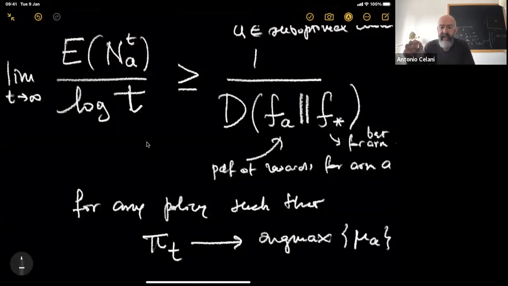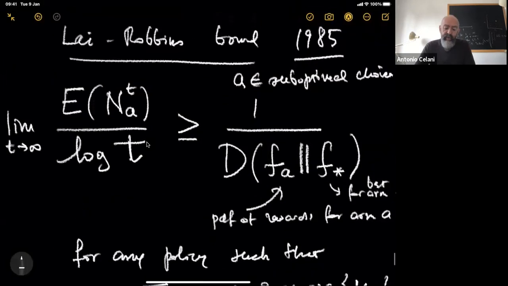So for any policy that asymptotically chooses the best arm with probability 1, that is a good policy, so to speak, still you have to pick the suboptimal arms at least logarithmically in time.